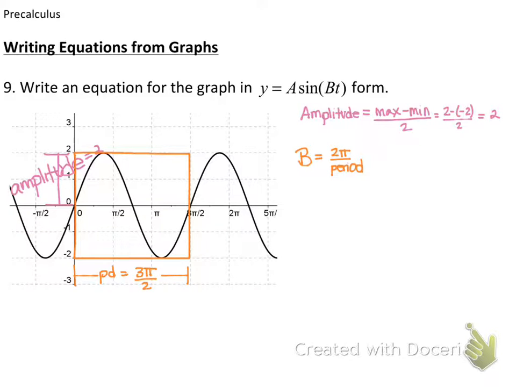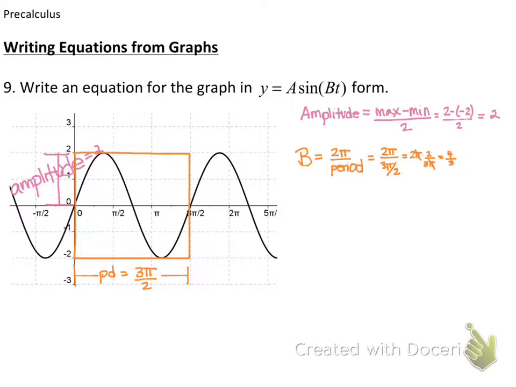Okay, so back over here, you have 2 pi over 3 pi over 2. And that algebra is 2 pi times the reciprocal, so 2 over 3 pi. Your pi's cancel, and you're left with 4/3. Then the last thing you need to do is check for your vertical reflection.